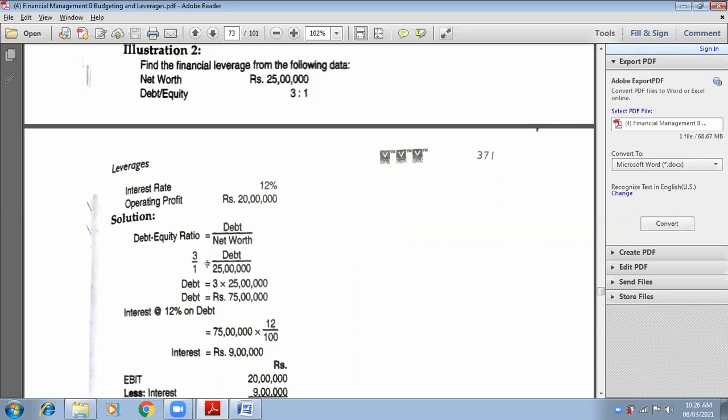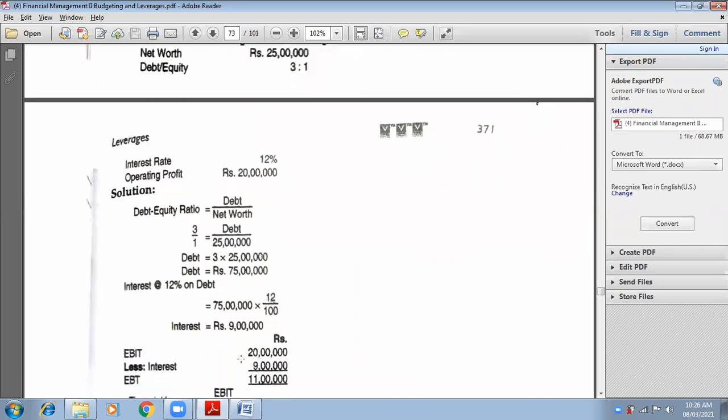After cross multiplying, we will get the debt. 3 into 25 lakhs. The debt will be 75 lakhs. And the interest rate is 12%. So interest 12% on debt. That means debt is, sorry, 75 lakhs. So 75 lakhs into 12% is 9 lakhs.